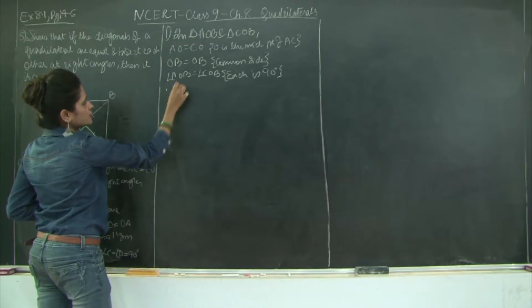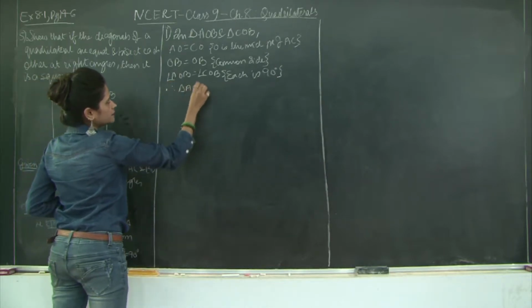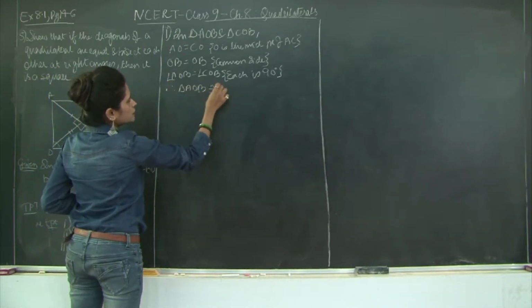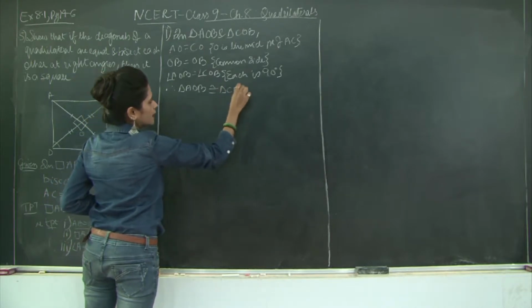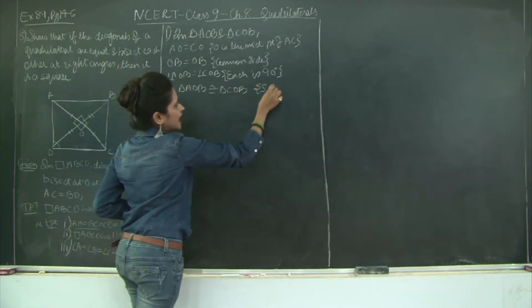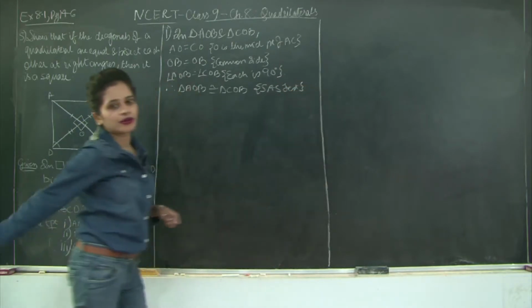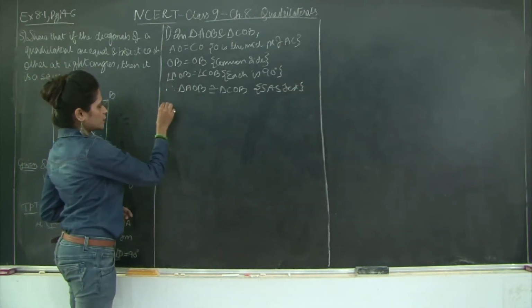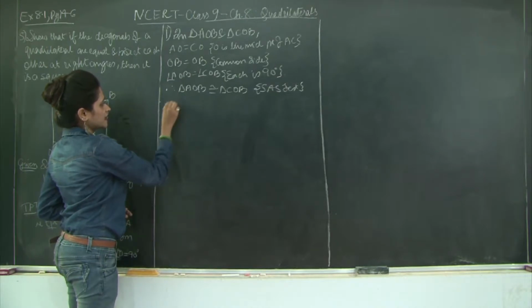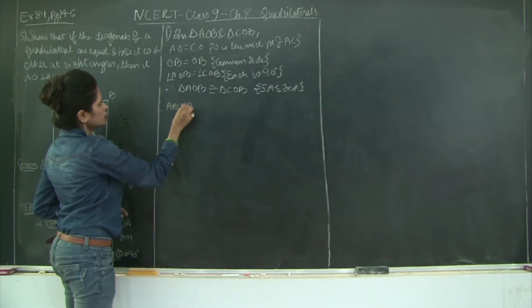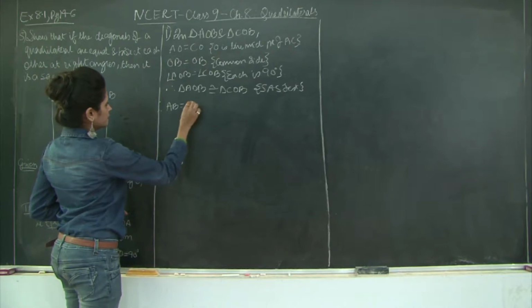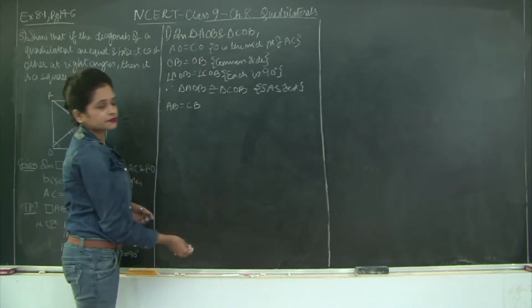Therefore, I am going to say triangle AOB is congruent to triangle COB by side angle side test of congruence. Therefore, let's write what is required, that AB is equal to CB. Why?